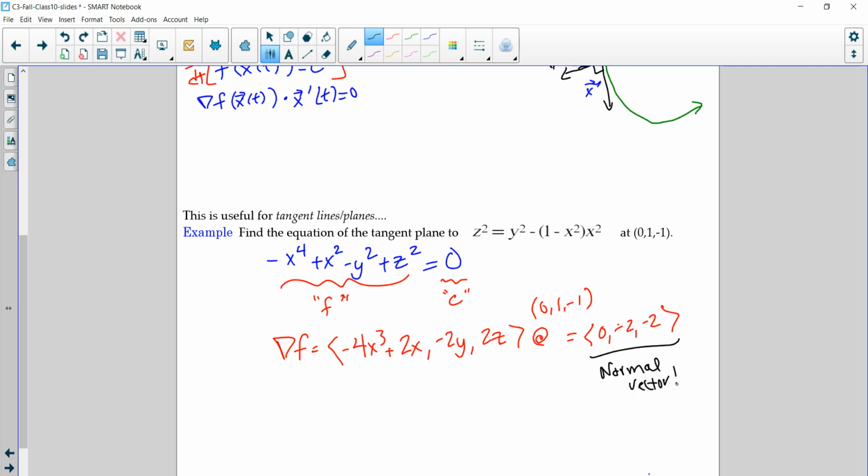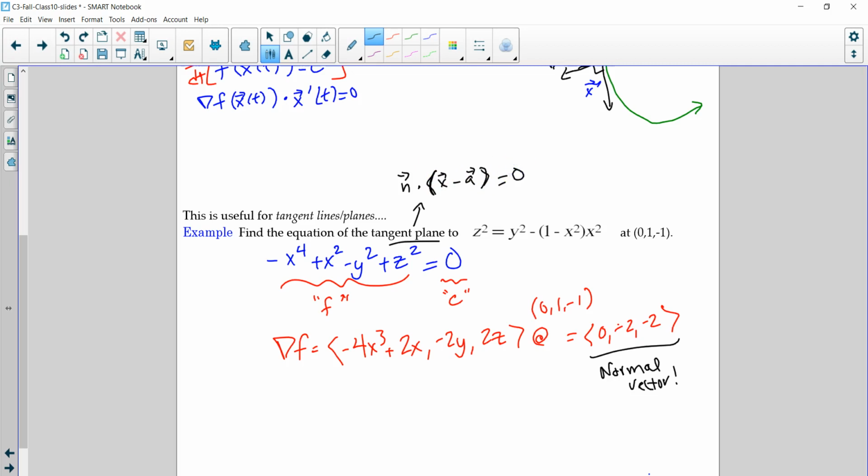Okay, and then we have to go back to Calc 2 and remember that if I'm finding the equation of a tangent plane, I can use that normal form, which is my normal vector dotted with a vector on the plane minus a point on the plane, in parentheses, is equal to 0.